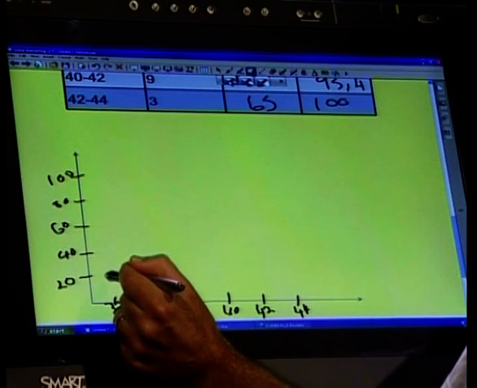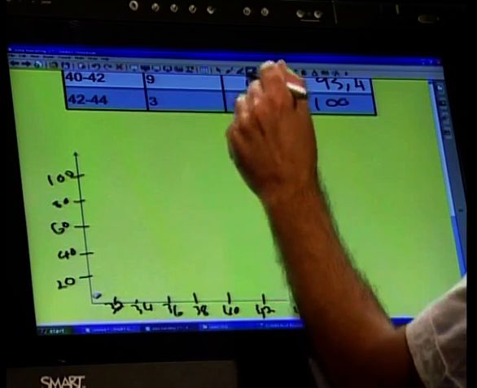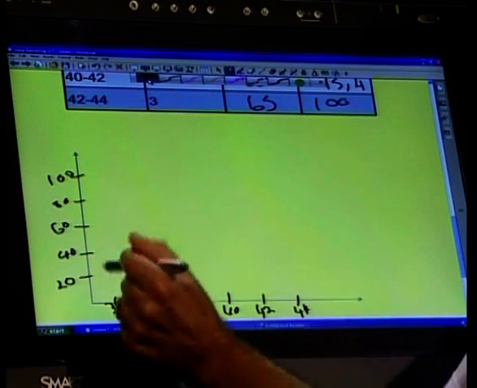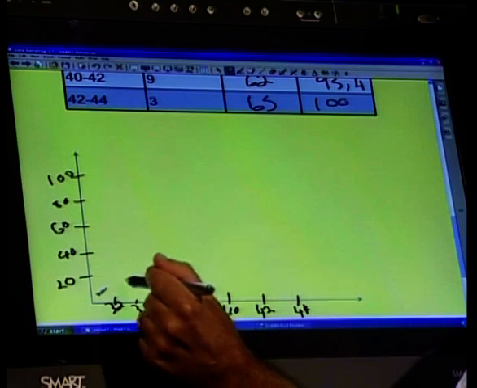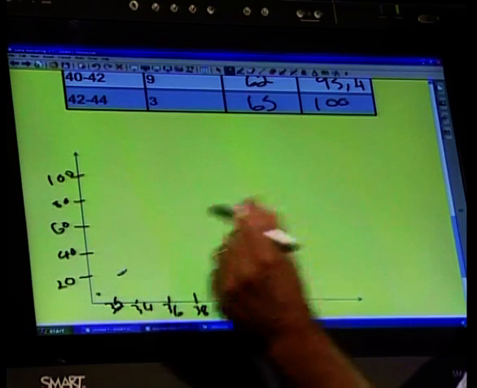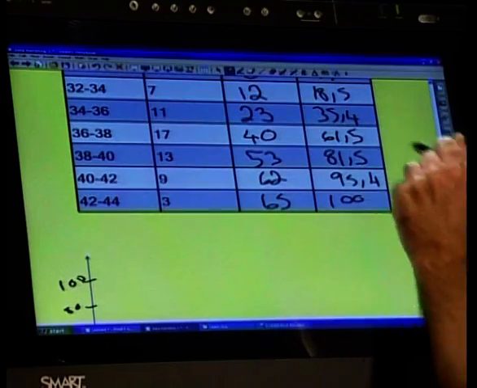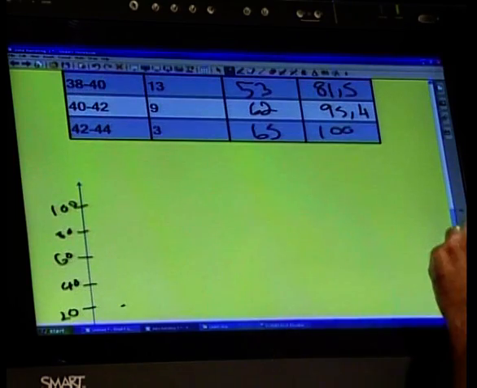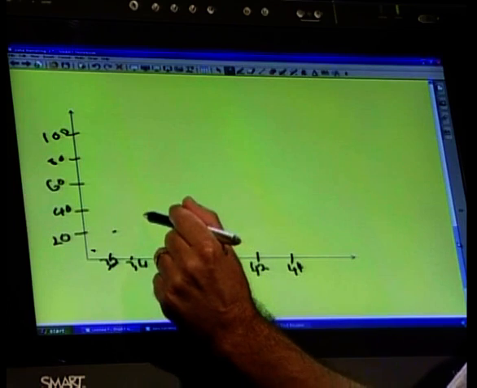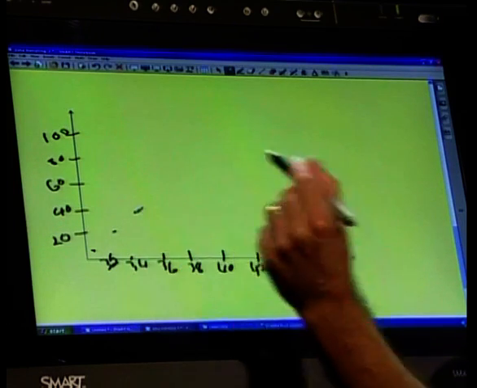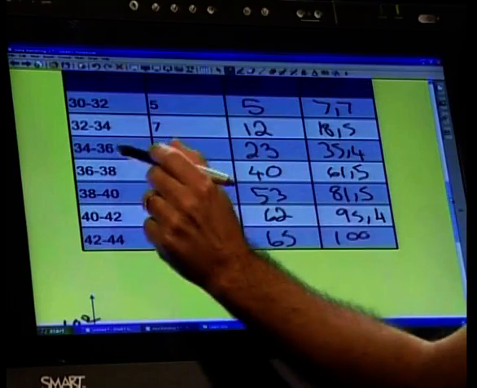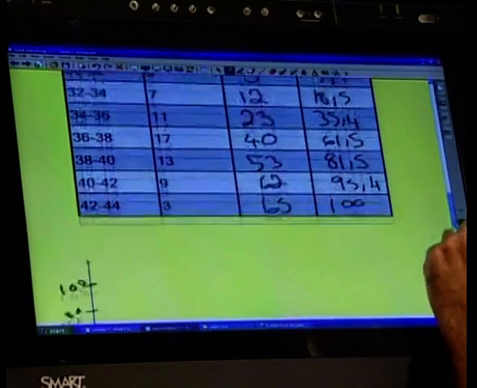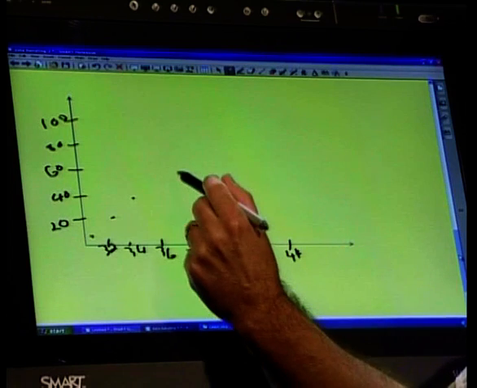So we actually want to start about here with our 7.7%. So let's plot that value there. And the 18.5 was there. The 35.4 is the next value. Between 36 and 38, 61.5 is our cumulative frequency.